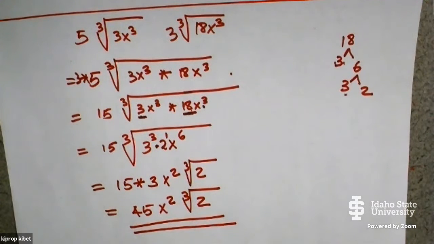When you say x raised to 6 multiplied by 1/3, it becomes what? X squared, right? Yeah. Which would come out. So it will now be 45 x squared, and then that.